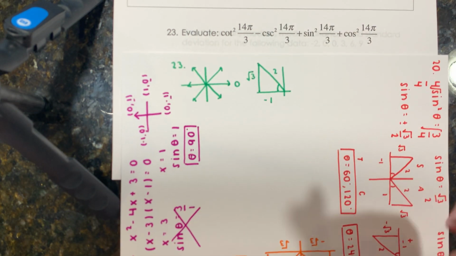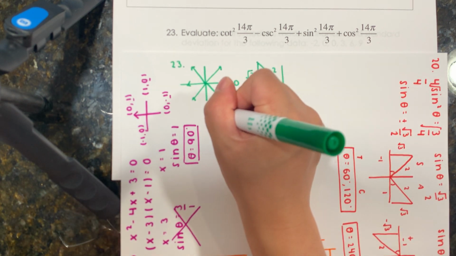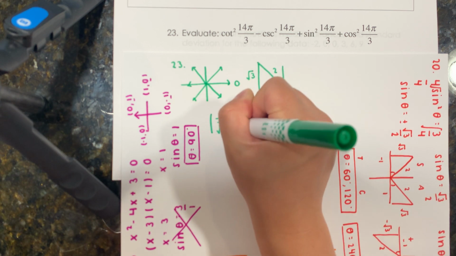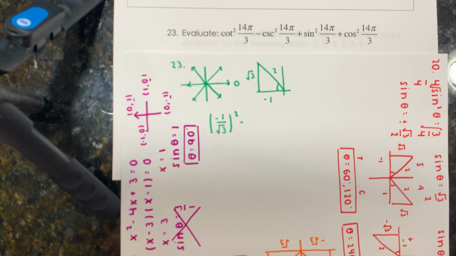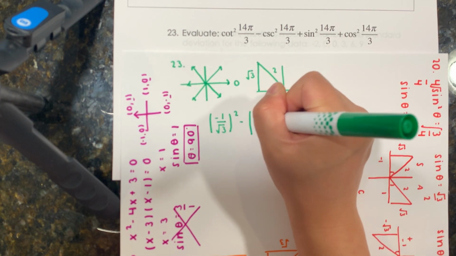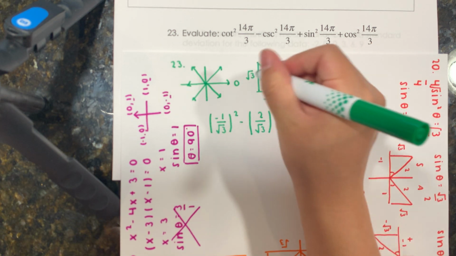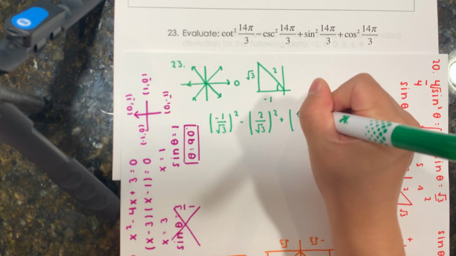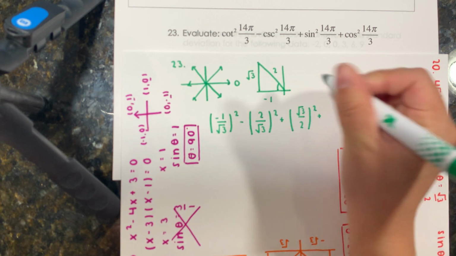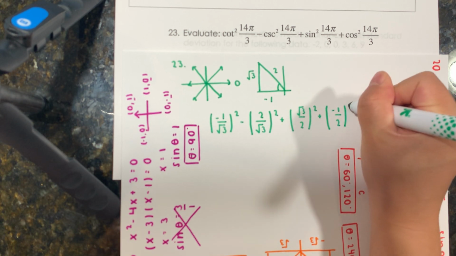The cotangent of this triangle is going to be adjacent over opposite. So that's going to be negative 1 over root 3, squared, minus cosecant, which is hypotenuse over opposite. So that would be 2 over root 3 squared. Sine is opposite over hypotenuse, so that's just going to be square root of 3 over 2. And cosine is adjacent over hypotenuse, so that would be negative 1 over 2 squared.